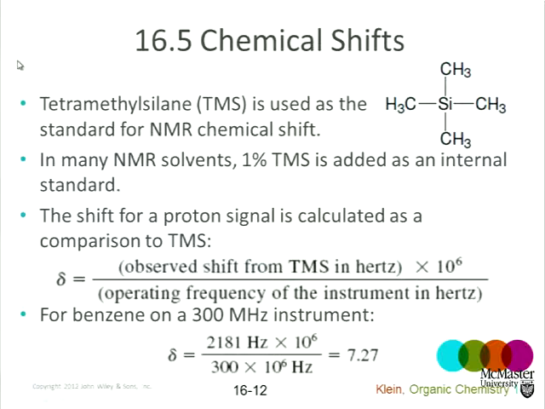The methyl groups of TMS come at 0 ppm, which is far to the right in the normal NMR spectrum. So by picking a standard that's far out in right field, as it were, we generally don't have interference between the standard and the signals of the compound.